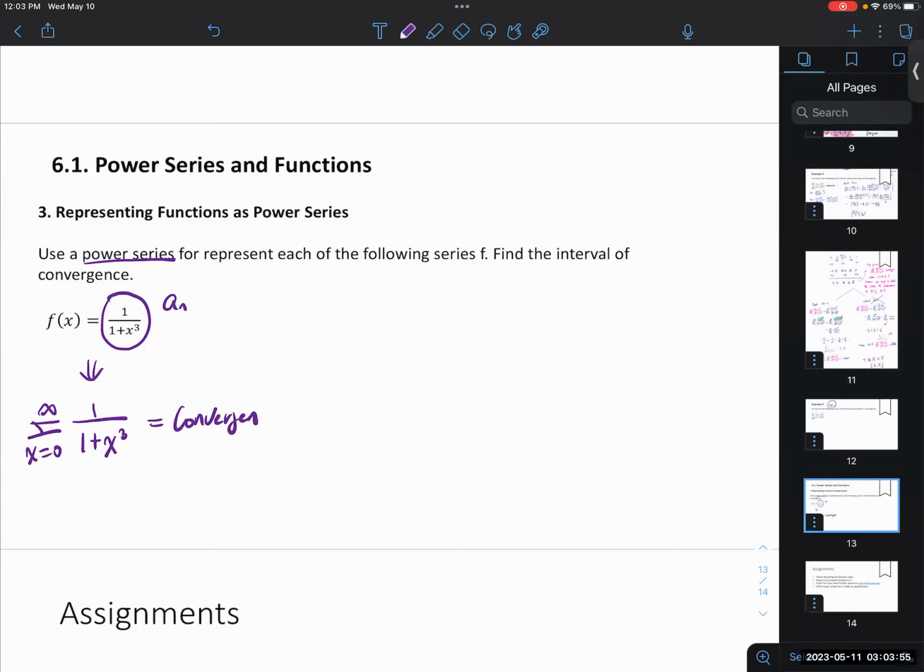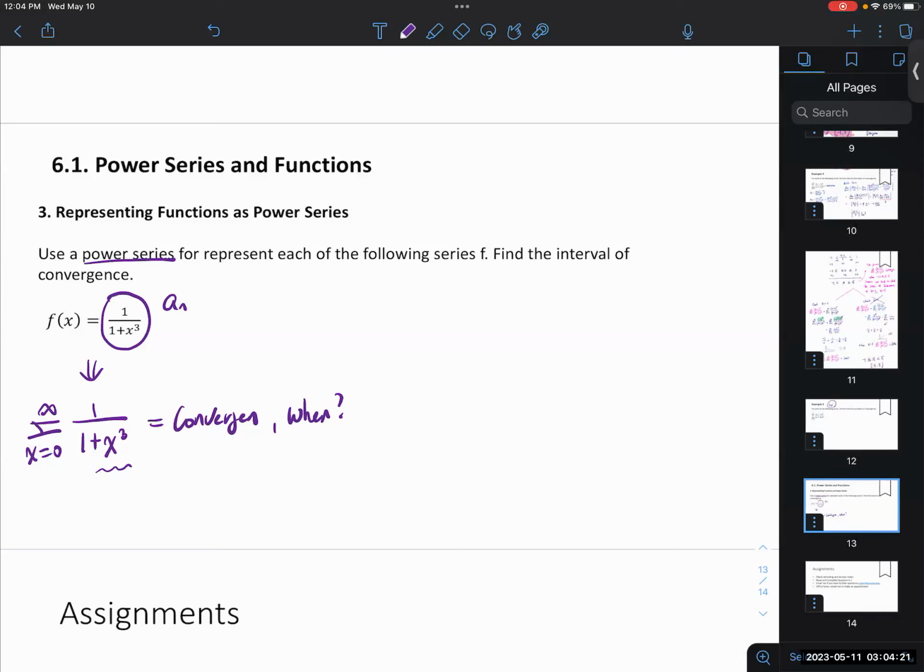I want to know when it is convergent, correct? Same question, we're going to use the ratio test, or you can think about the size of x. So hold on, are you following what I'm doing? I want to find out the possible x's that make sure this power series is a convergent series.